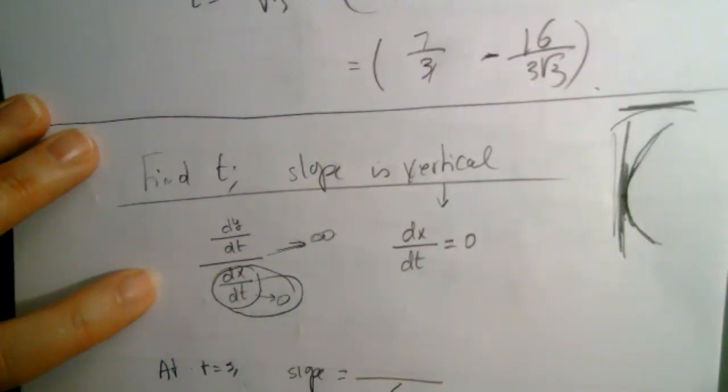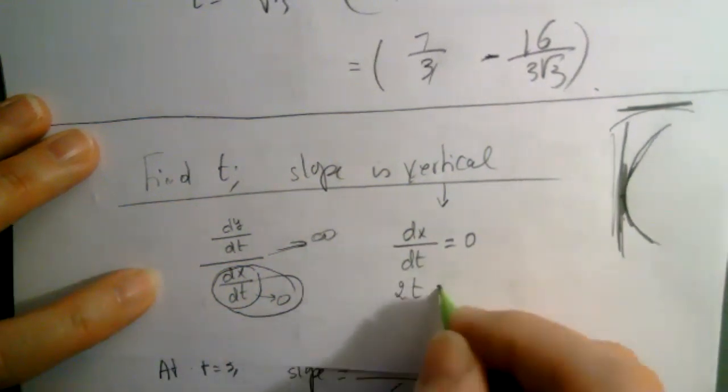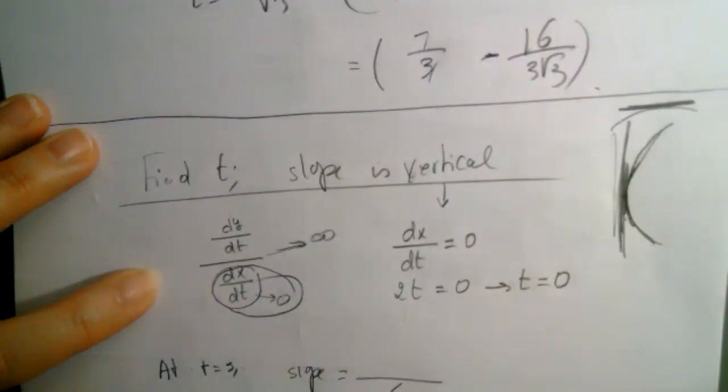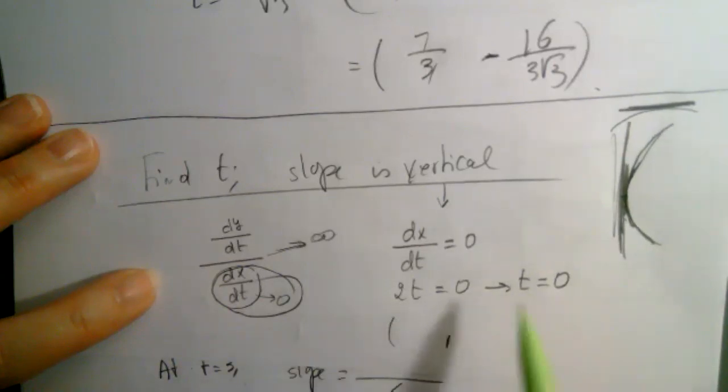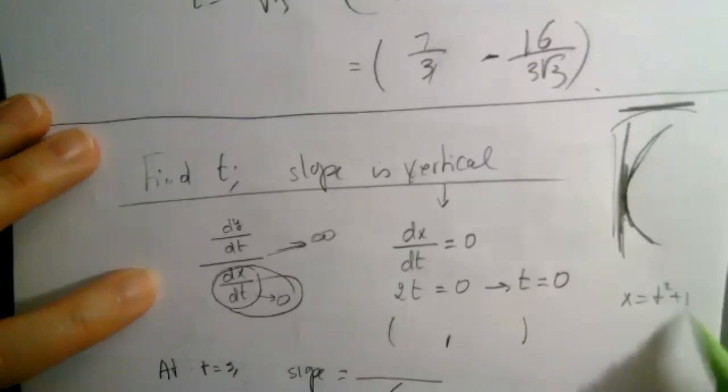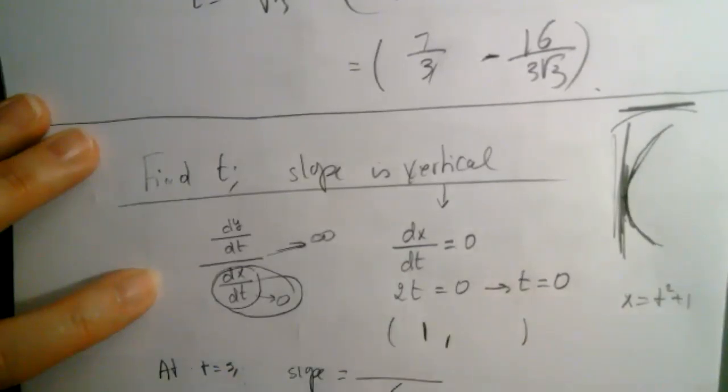Now I go back to dx/dt. My dx/dt was 2t equal to 0, which means t equals 0. Which point on the graph would this be? I plug into the original expression. If t equals 0, my x was t squared plus 1, which means 1.